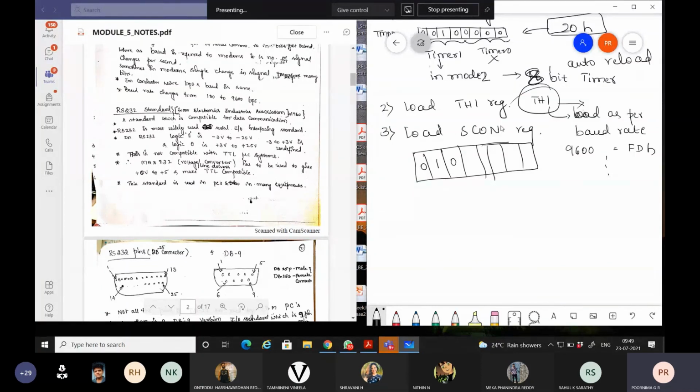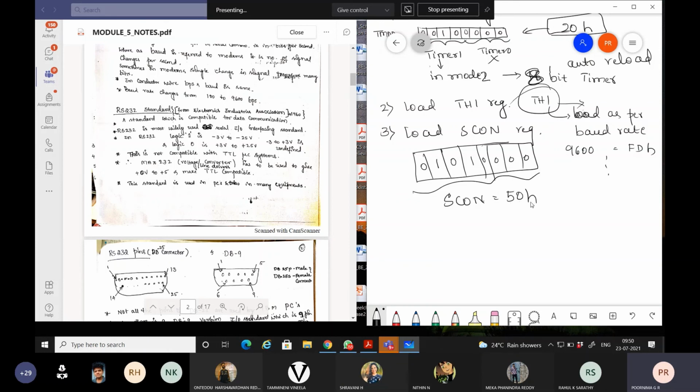If you want complete reception and transmission together, you set this bit, and the rest you place as 0. So this represents SCON with 50H.